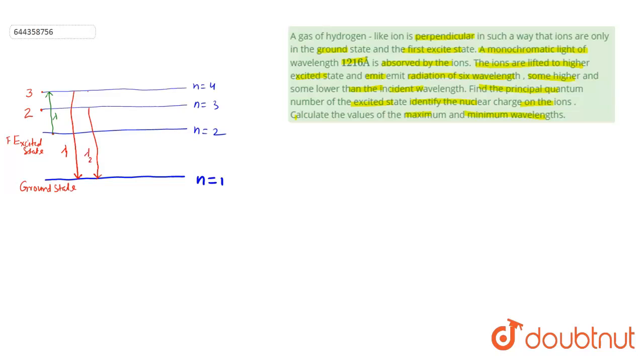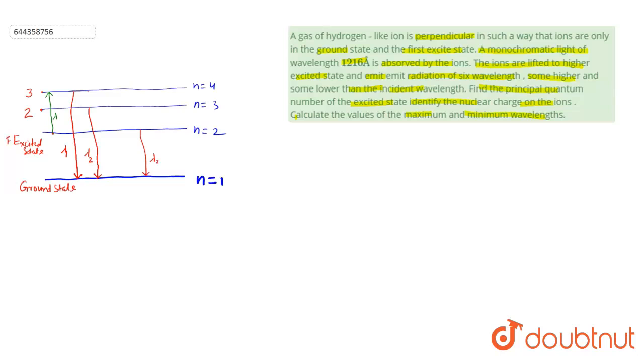This is lambda 2, and lambda 3 from 2 to 1. So the transitions are n is equal to 4 to 1, 3 to 1, 2 to 1.